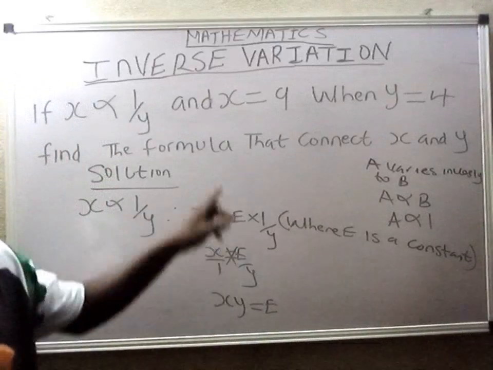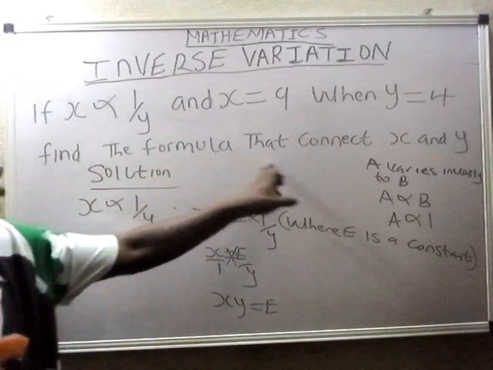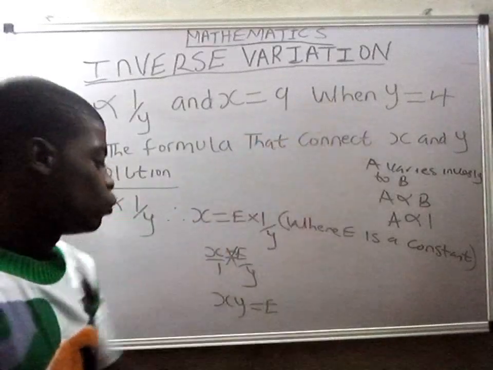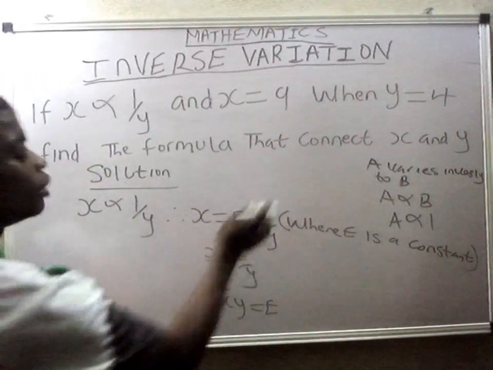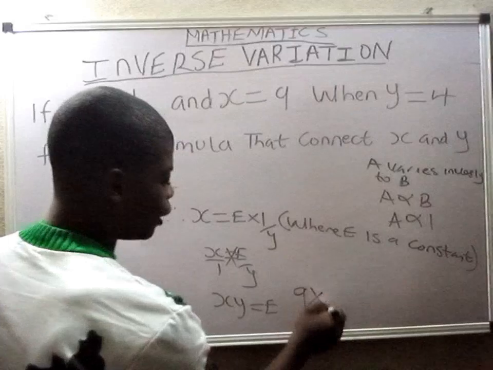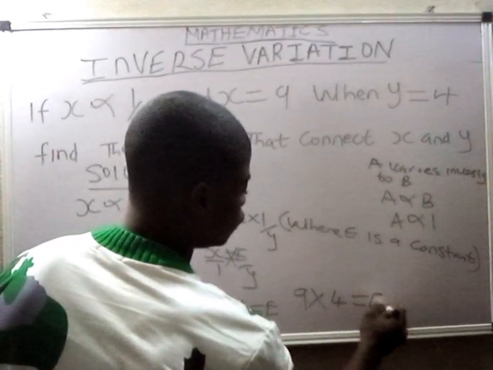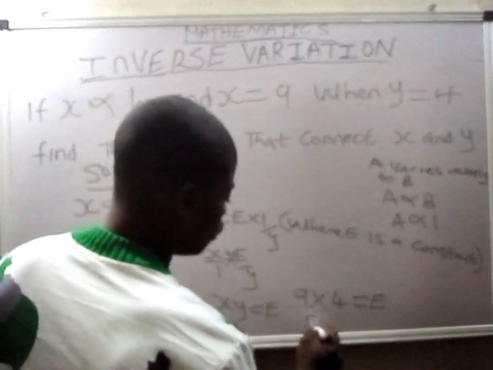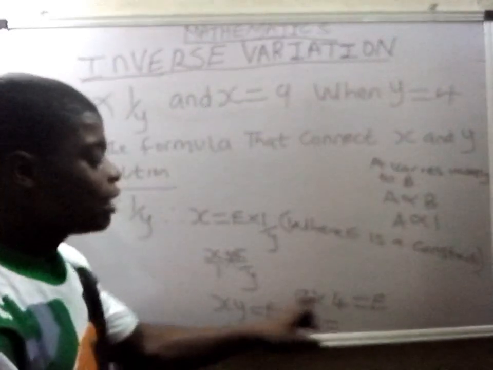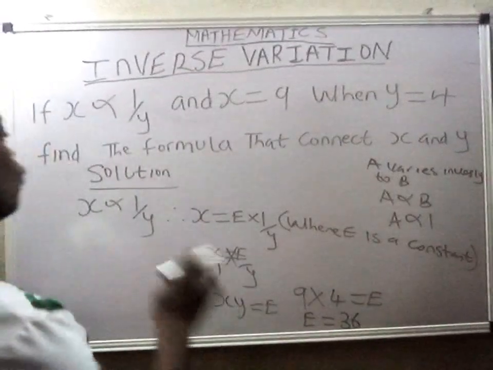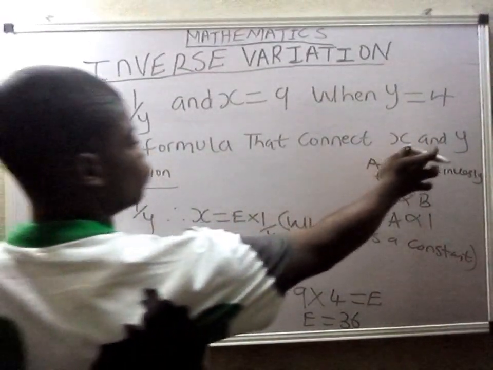So where we are asked to find the formula that connects x and y, we're given the values for x and y. So say that our first value for x is 9 times your y is 4 equals e. So e equals 9 times 4, which is 36. We are not done. We have to find the formula that connects both of them.